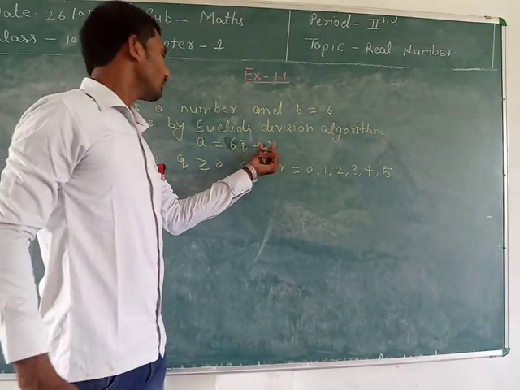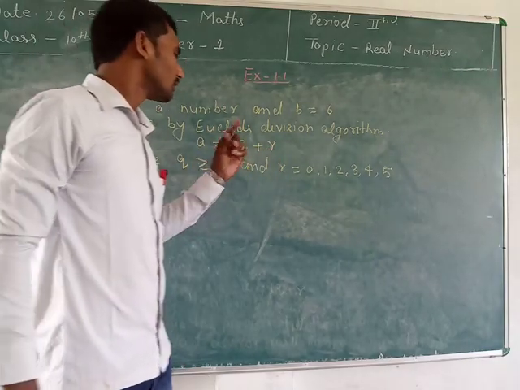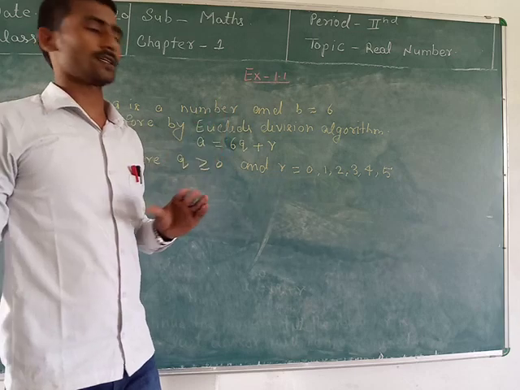Remainder, if we divide by 6, then we get remainder less than 6.